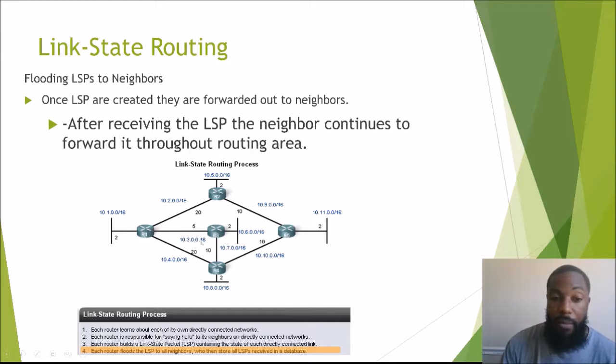I know about them, but they already know about these networks, so that's going to be redundant to them. I know about the 10.1 network. They are not directly connected to it. So I send information about 10.1 to them, and that's how they learn about it. They store it in their database. That's called the link state database. The link state of this network will be kept in their database.